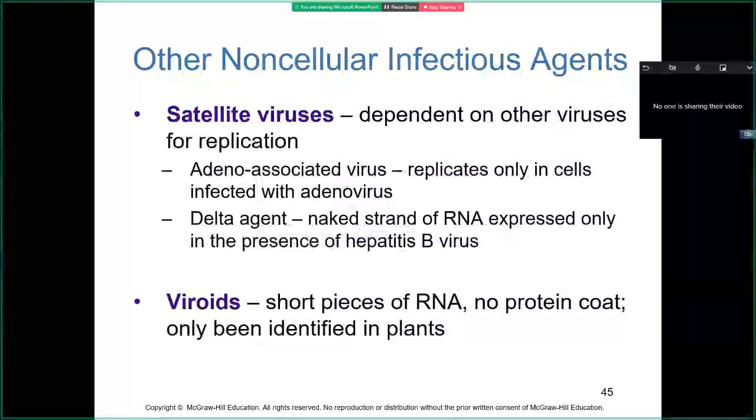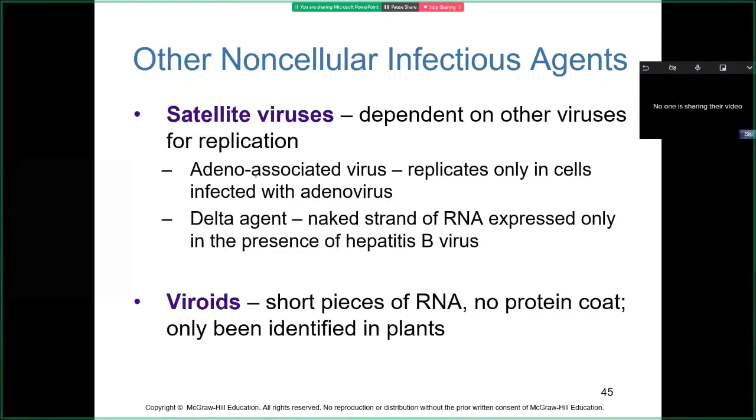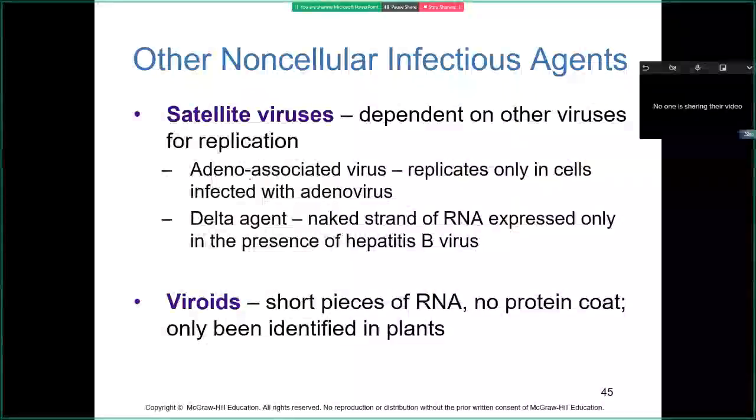But always when those show up, we see these other small pieces of genetic material that appear to be adeno-associated viruses. And then there's delta agent, little pieces of RNA that are expressed in the presence of hepatitis B virus. They're not the hepatitis B virus. They show up together with it typically. Those are called satellite viruses. So the key is another virus has to be present, infecting a cell before these satellite viruses can themselves reproduce. It kind of sets the stage for their reproduction.